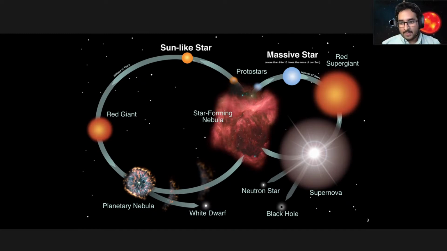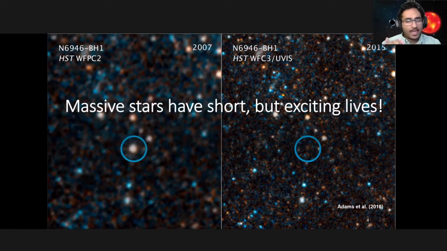Low to intermediate mass stars evolve to become red giants, and then they leave behind white dwarfs. On the other hand, massive stars evolve to become red supergiants, explode as supernovae, and then they leave behind neutron stars and black holes when they die. So because they are the progenitors of black holes, we will only focus on massive stars for this talk.